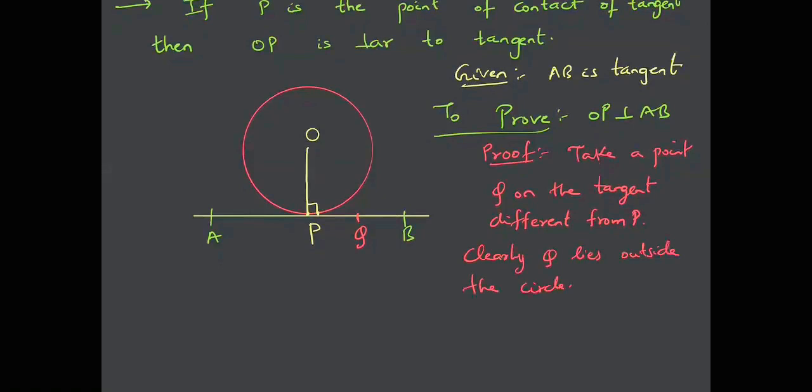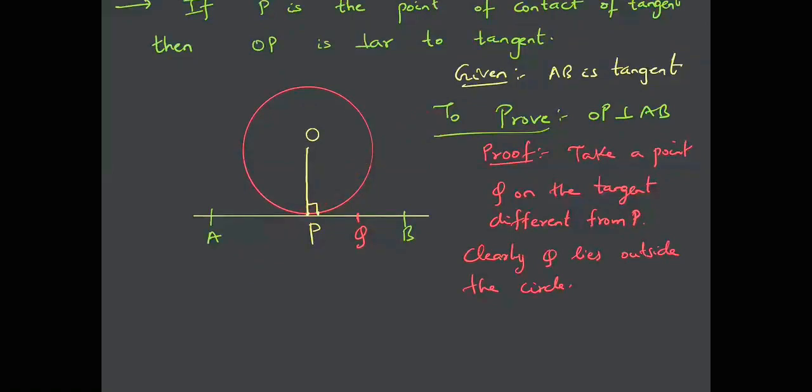Because if Q was inside the circle, then this line would be something like this, and then this would not be a tangent. So Q must lie outside the circle.